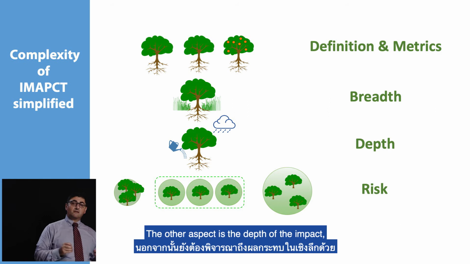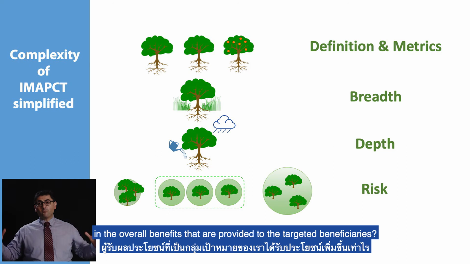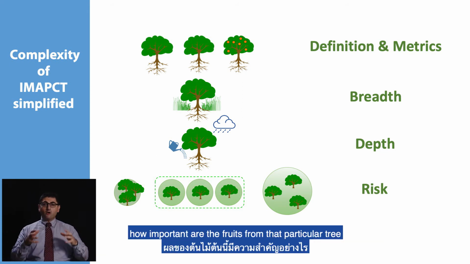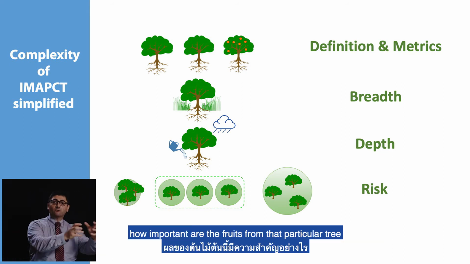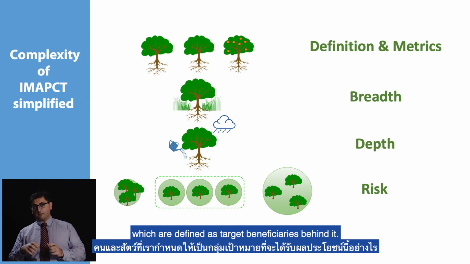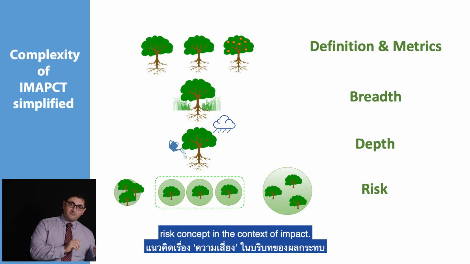The other aspect is the depth of the impact, which is how incremental it is in the overall benefits provided to the targeted beneficiaries. In this particular case, how important are the fruits from that particular tree in the nutrition of the people and animals defined as the target beneficiaries? But the most interesting aspect of impact is the concept of risk in the context of impact.